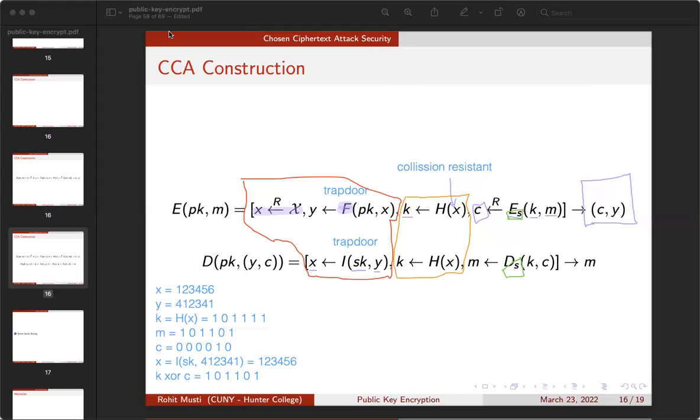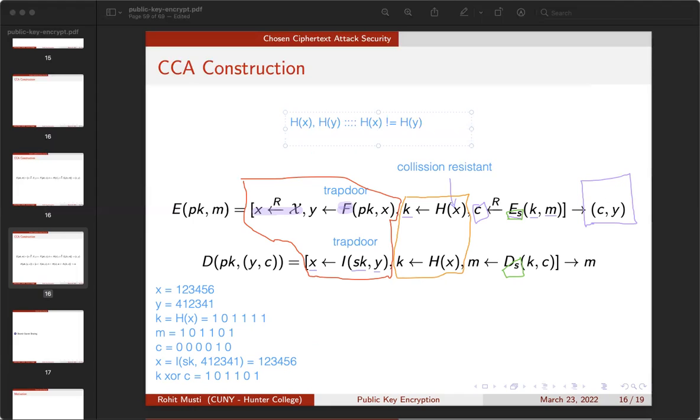Great question, David. Collision resistant means if I compute H of x and H of y, H of x does not equal H of y.